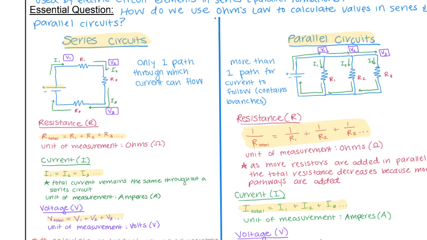As the current goes through this electric circuit back to the negative terminal of the battery, the entire voltage is going to drop to 0. You'll see at different points across the circuit, the voltage drops until it eventually reaches 0 when it returns to the negative terminal of the battery.